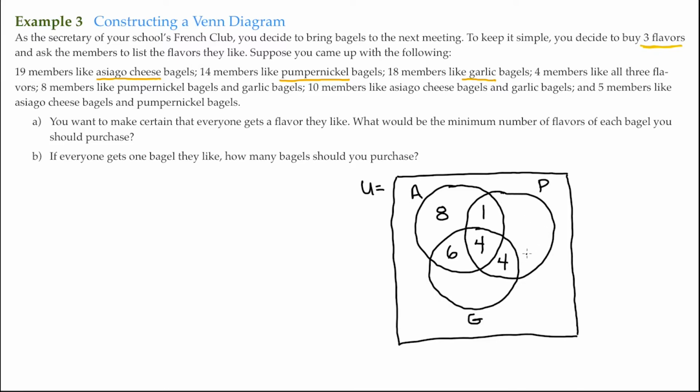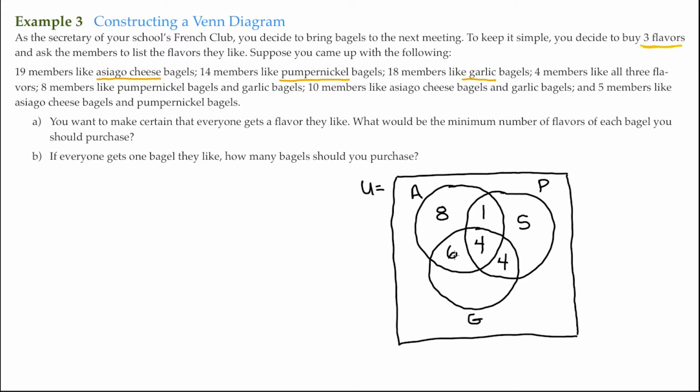And we continue. Here's the pumpernickel. And it says 14 members like pumpernickel bagels. But 4, 4, and 1, that's 9, are already accounted for. So what's going to go here is 5. And there's our 14 members. And finally, for the garlic here, 18 members like garlic bagels.